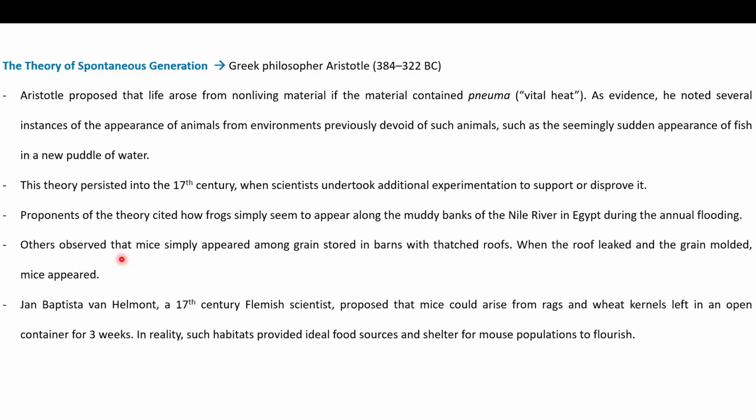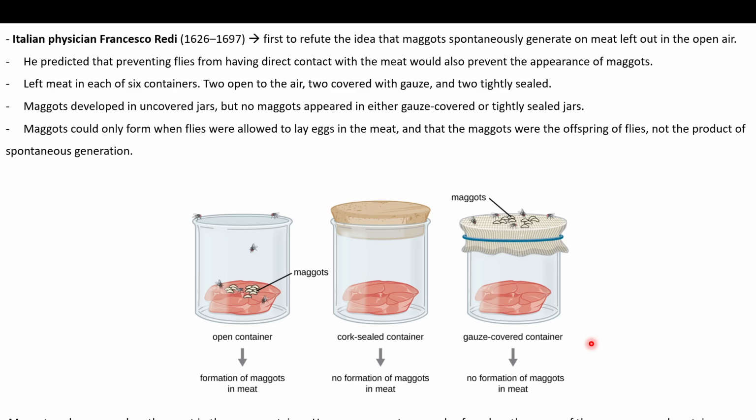So these were the things proposed in support of this particular theory of spontaneous generation. Then Helmont in the 17th century proposed that mice could arise from rags and wheat kernels left in an open container for 3 weeks. And in reality, such habitats actually provided ideal food sources and shelter for mouse populations to flourish.